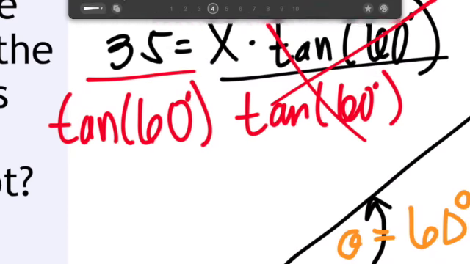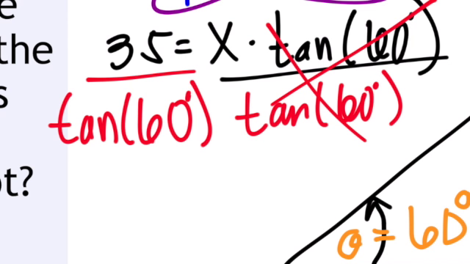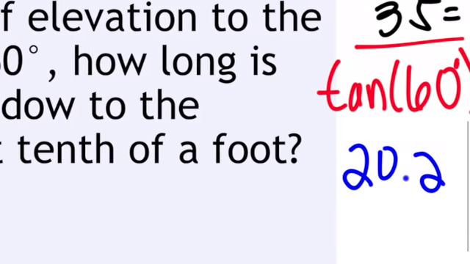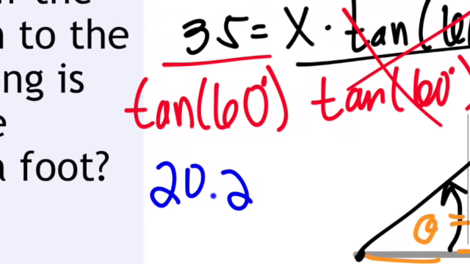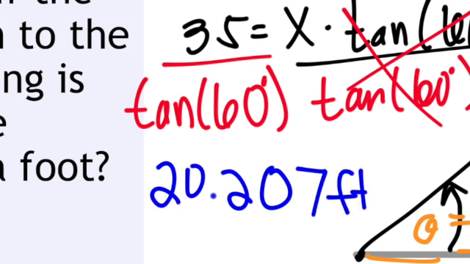For our final answer, grab my calculator: 35 divided by the tangent of 60. Make sure you close the parentheses here. We end up with 20.2. I know it says to the nearest tenth of a foot, but whenever it comes to trig, let's always go a couple extra decimals. Let's go to hundredths, so 20.27 feet. And that's what x is going to equal.